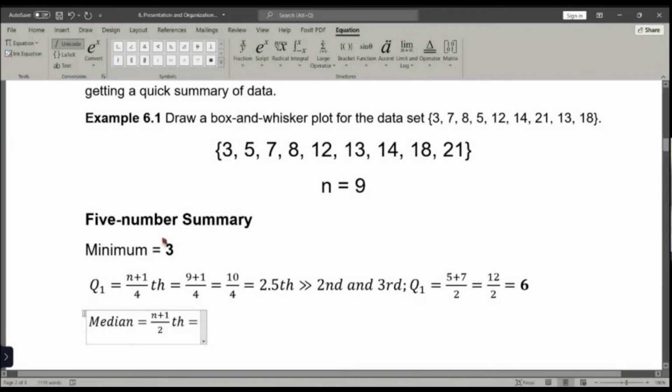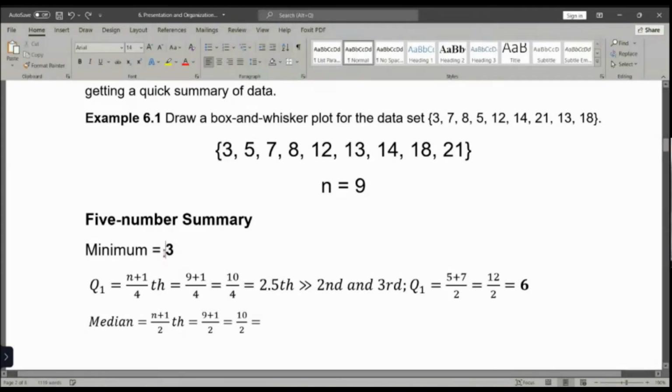Where n is 9 again, we have 9 plus 1 over 2. We have 10 over 2. Oops, I forgot to write equals. 10 over 2 is 5.